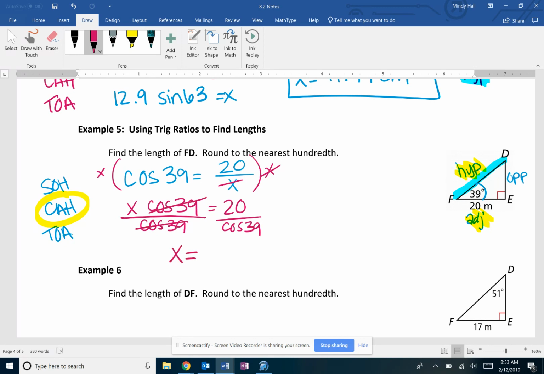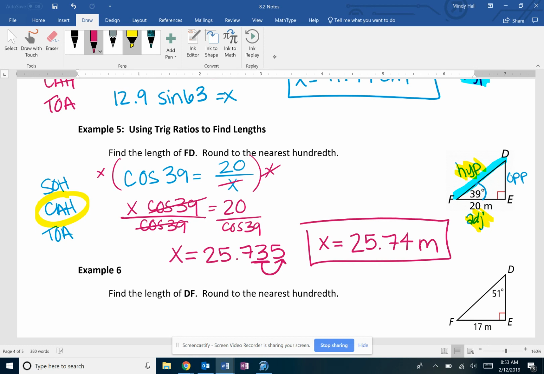So 20 divided by cosine of 39 will give you 25.735. Remember, if you're rounding to the hundredths, you take this number and look at what's next to it. The 5 tells us to round up, so we know x is 25.74, and this is in meters.